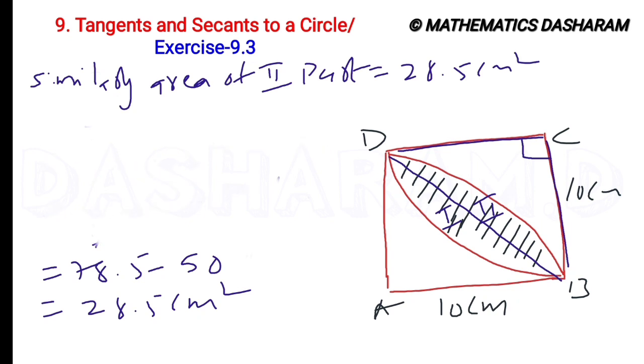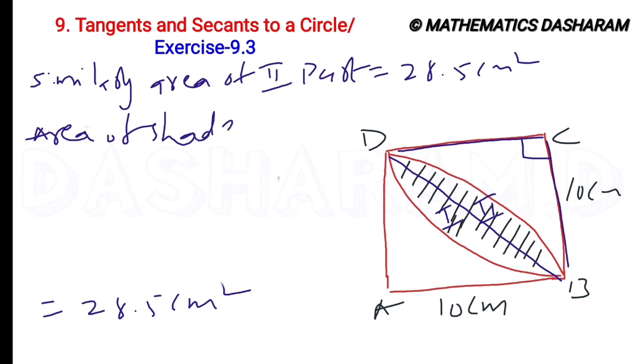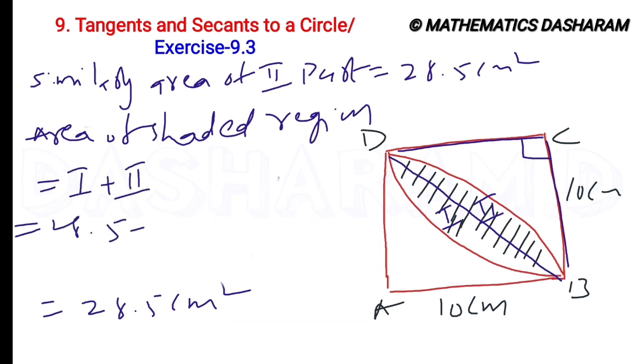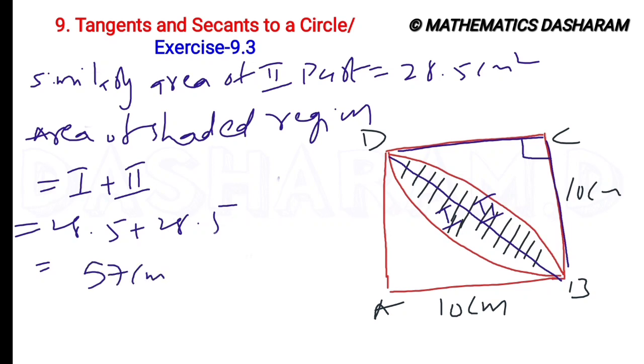So finally the area of the shaded region is equal to area of the first part plus area of the second part. So 28.5 plus 28.5 is equal to 57 centimeter square.